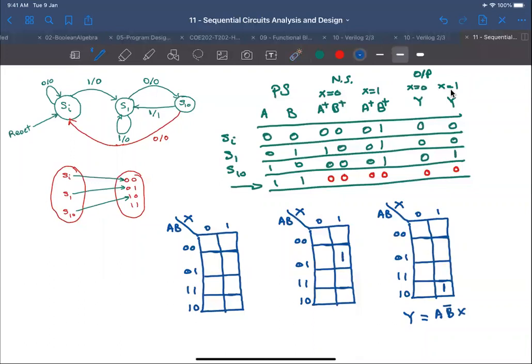Yes, it is 0 1 0, right? This is the only one for A plus. So it is again a minterm as well. So my A plus is equal to what? A complement B what? X.